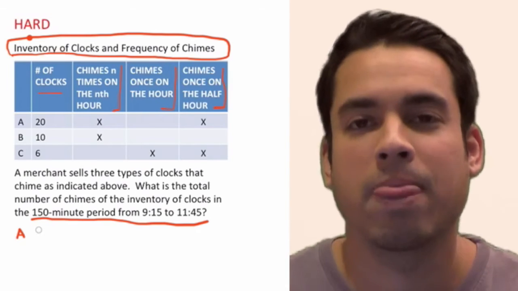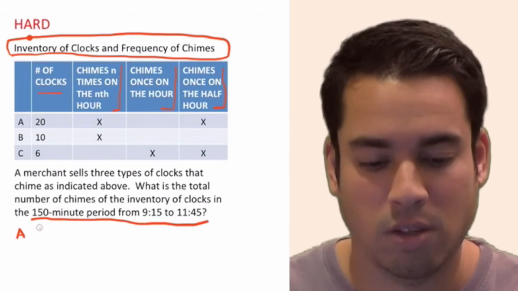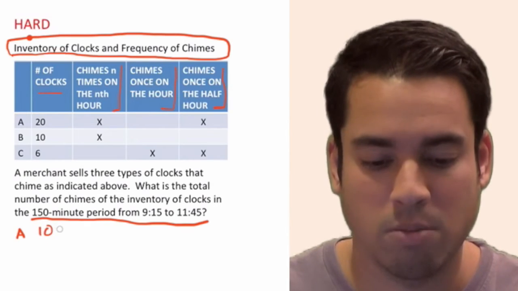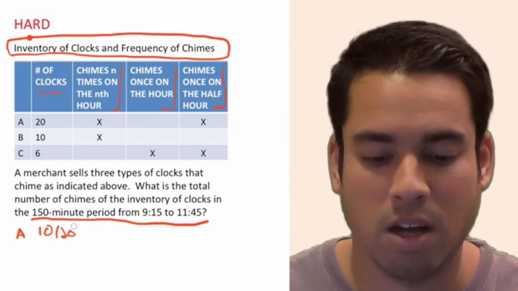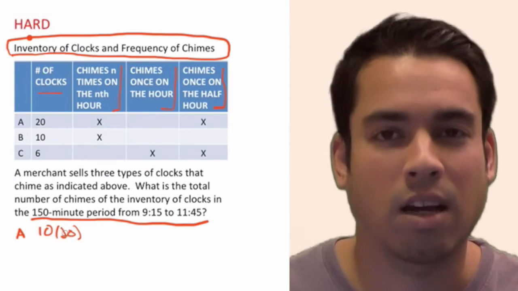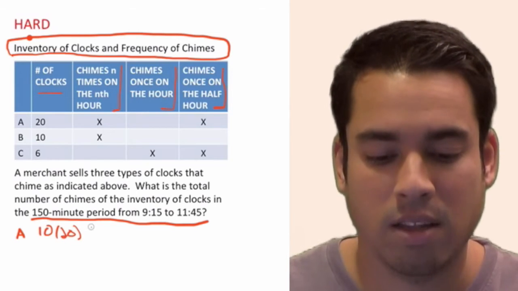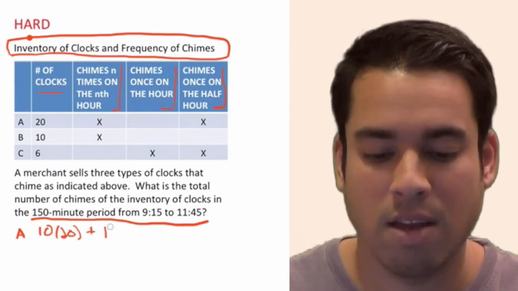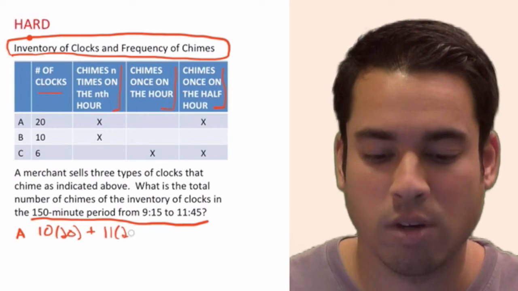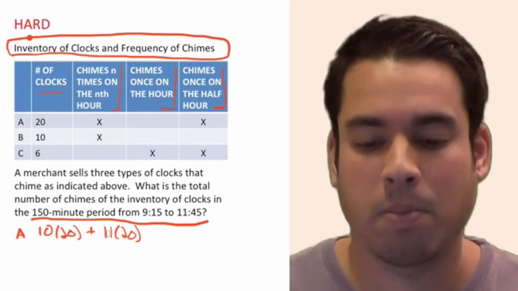It's going to chime 10 times at 10 o'clock, so 10 times, and then we multiply that by 20 because that's the number of clocks. And then what about 11 o'clock? At 11 o'clock, it's going to chime 11 times, so plus those 11 chimes, again times 20, the number of clocks. So there we go, we've got 10 and 11.